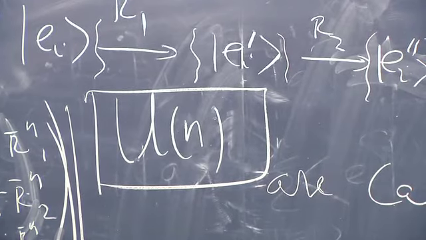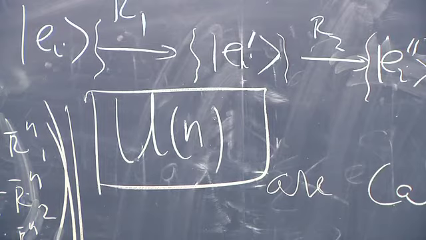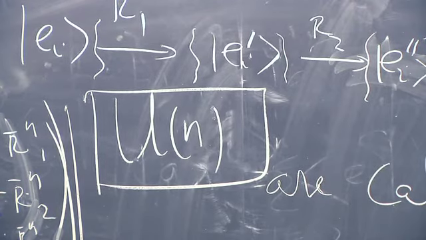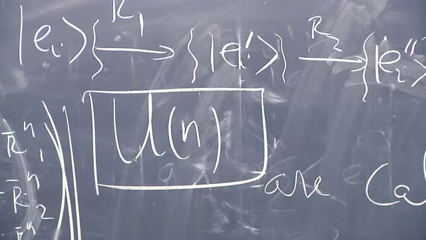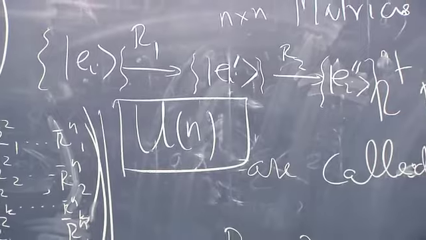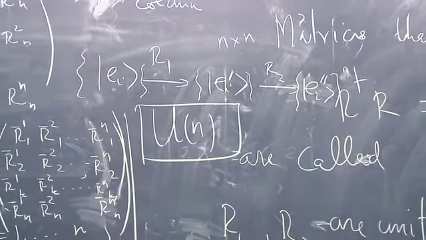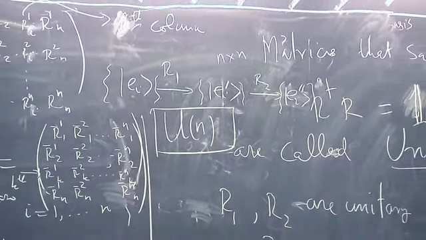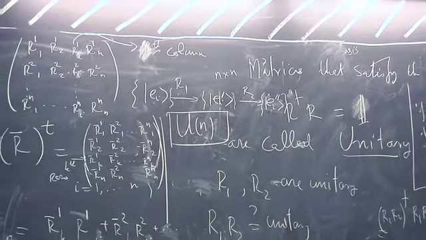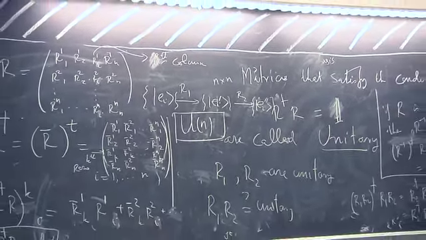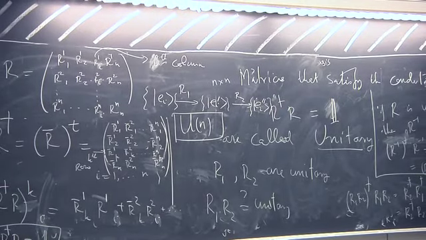What we are learning here is that if you take an n-dimensional vector space and start from one orthonormal basis, all possible transformations to another orthonormal basis are given by unitary matrices. And the set of all these unitary matrices forms a group, which is called the unitary group.